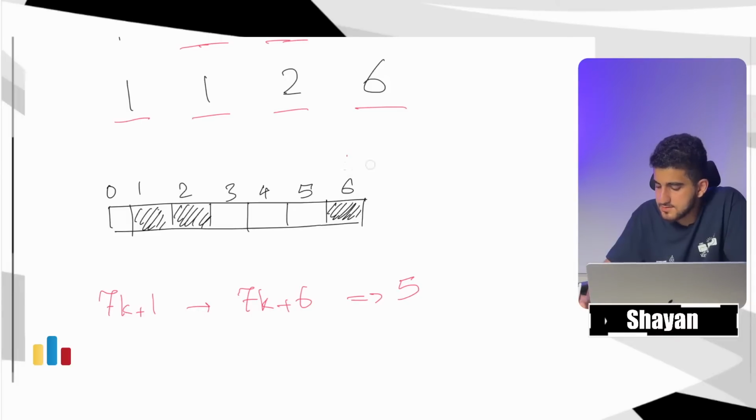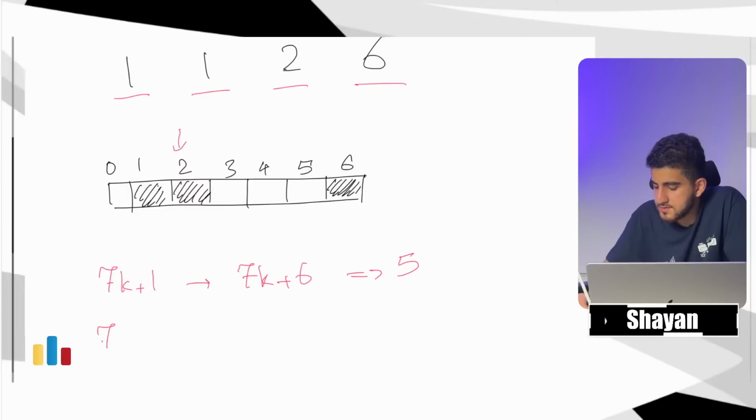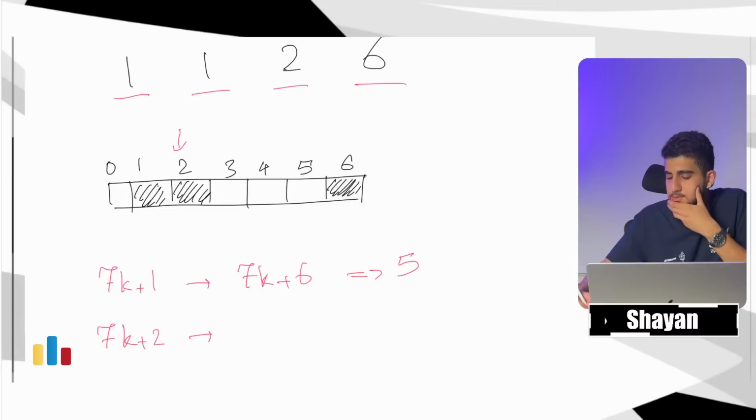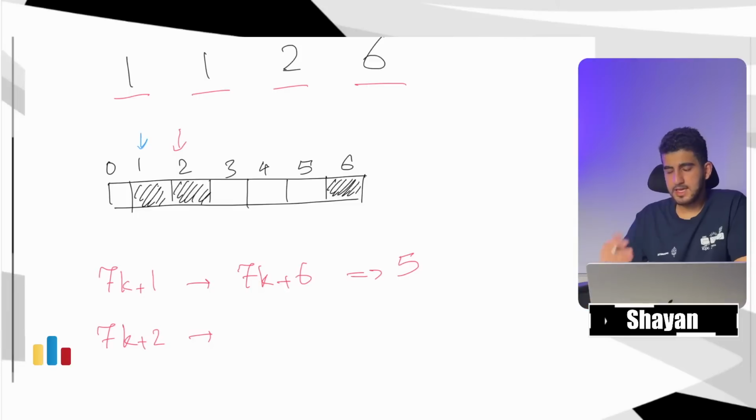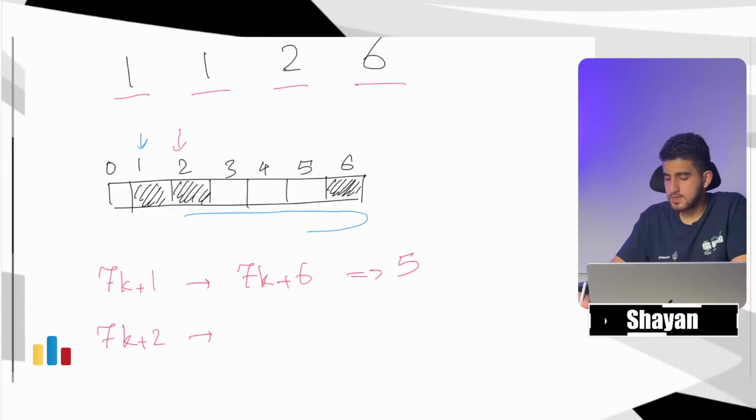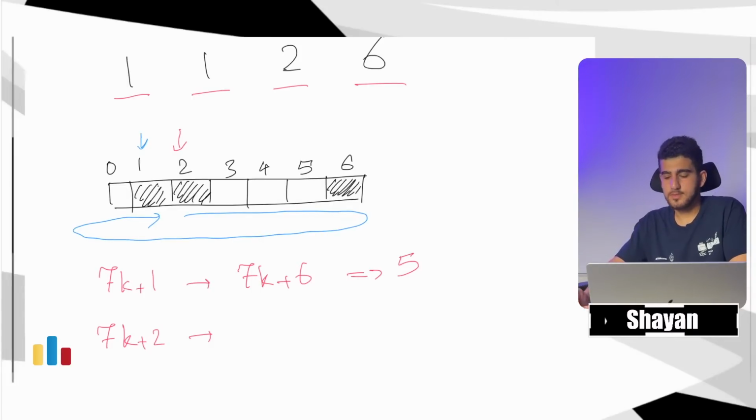What if this number is minimum? Well, if our minimum is a number of shape 7k plus 2, then our maximum is going to be this one, because if we move in the clockwise order, the farthest one from this 2 is this one. Why?